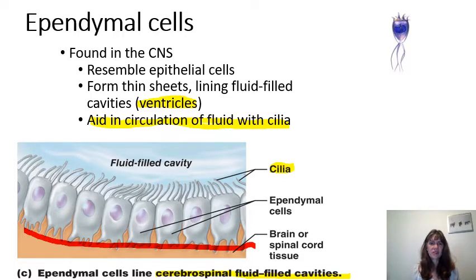When we get to the ventricles of the brain, you're going to see that there are networks of capillaries, and it's where these networks of capillaries are that there is a higher concentration of ependymal cells to produce cerebrospinal fluid as well as circulate it.